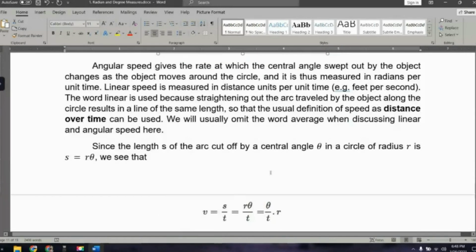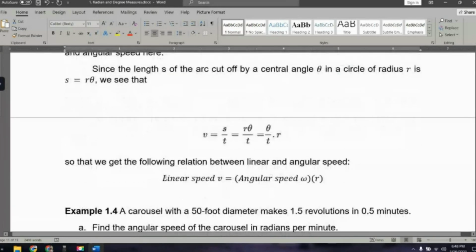So therefore, to be able to find the linear speed v of an object, we can just multiply the angular speed omega times the radius r. Okay? That would be their relationship.